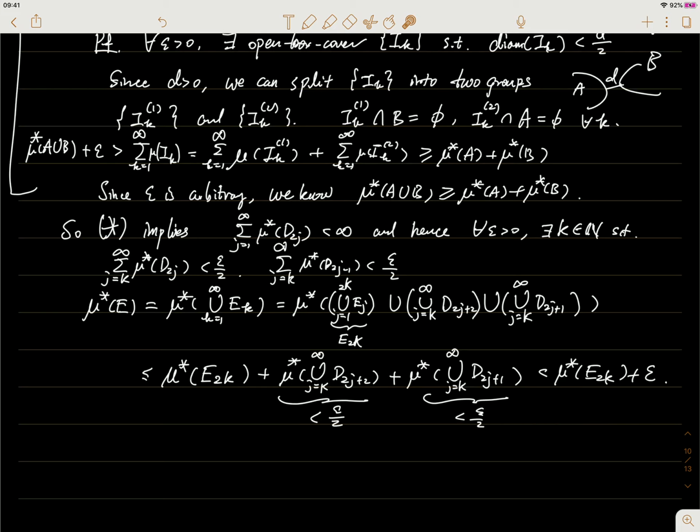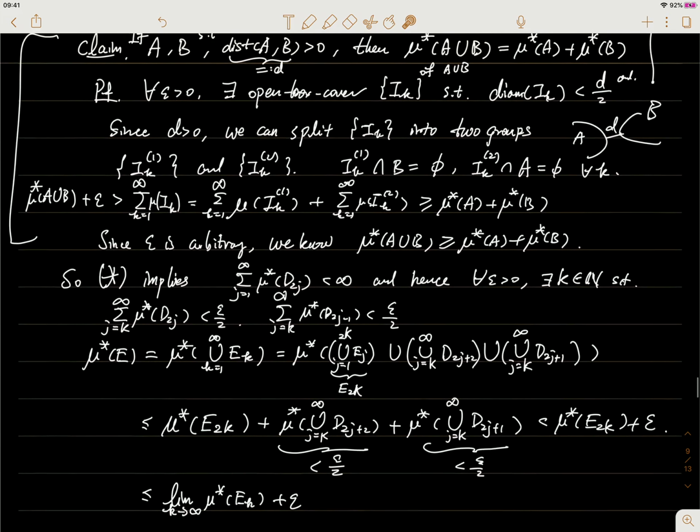But mu star of E2K has the same limit as mu star of Ek. That's why this is less than or equal to the limit as k goes to infinity of mu star Ek plus epsilon.